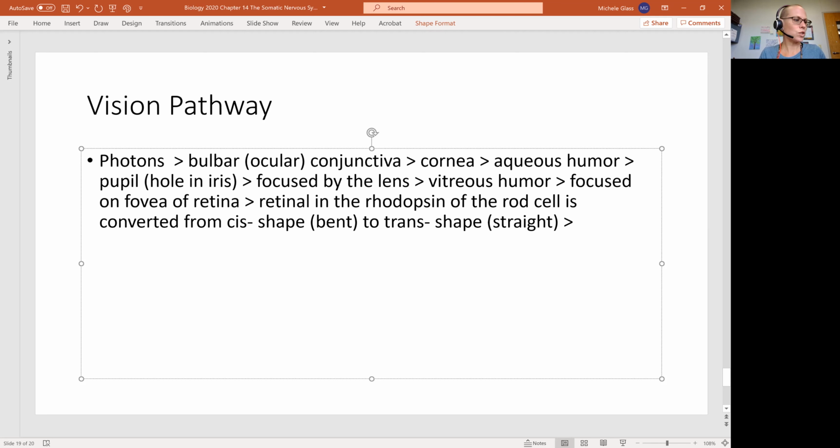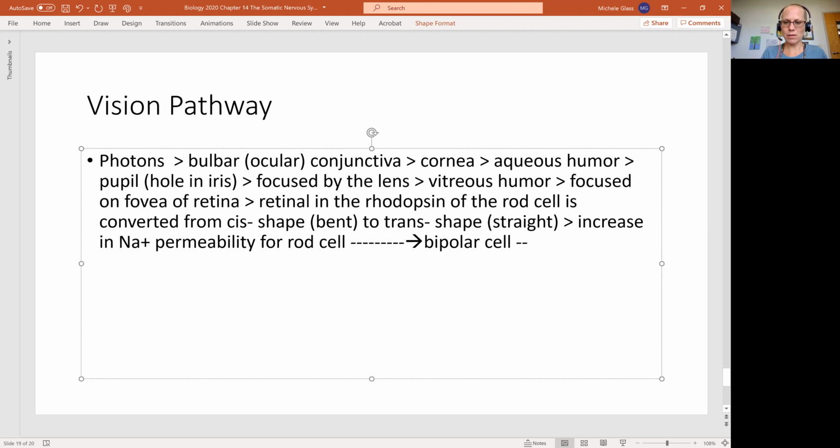When we have that conversion, then we see an increase in sodium ion permeability for the rod cell. So then we have the signal from the rod cell sent to the bipolar cell.